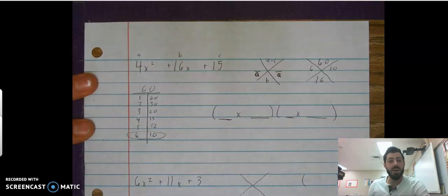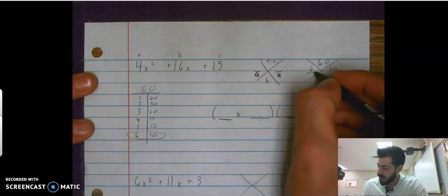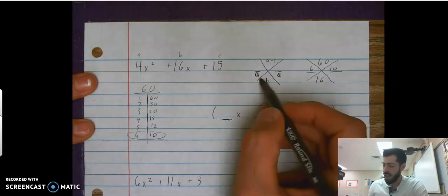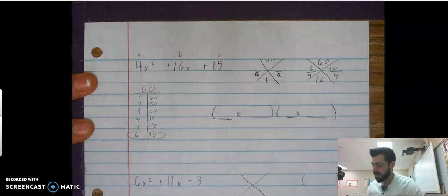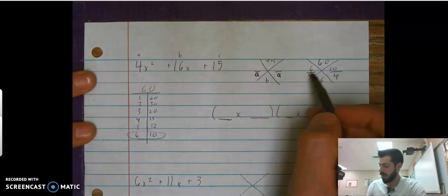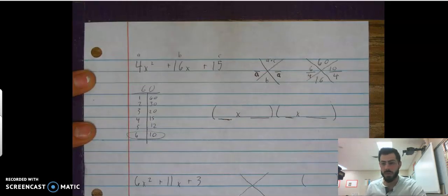The difference now, this is where this gets different. We will set up a fraction where A is our denominator, so we'll put 4 underneath these two numbers. So we have one value is 6 over 4 and one value is 10 over 4.